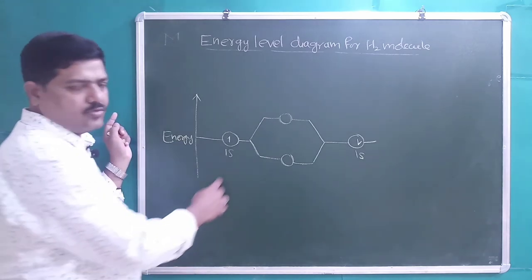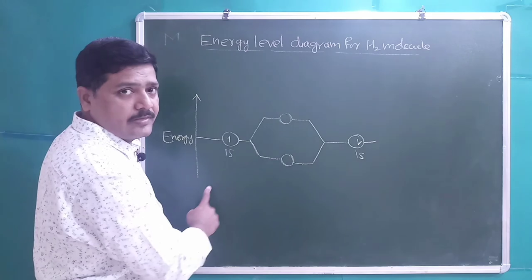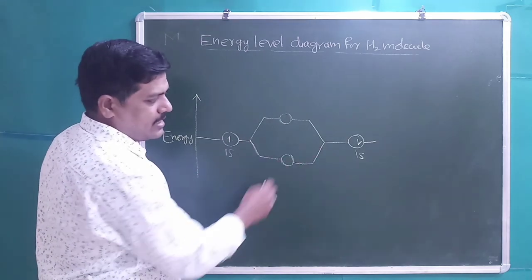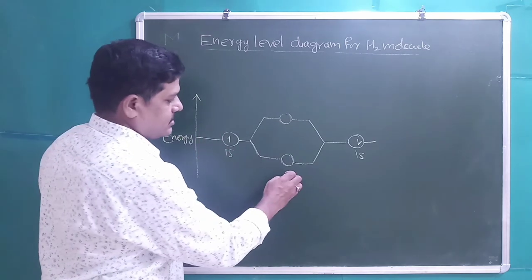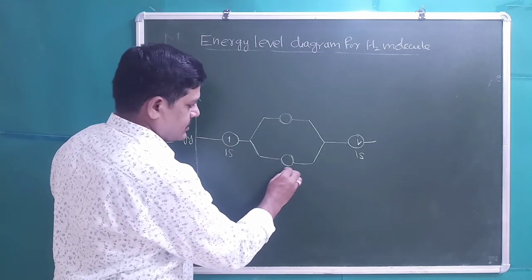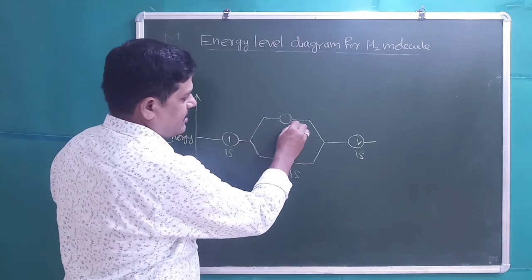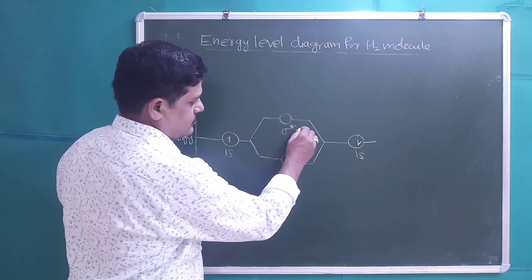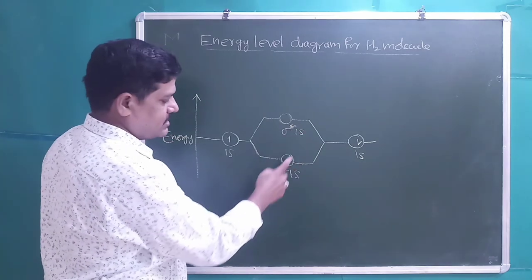So when 2 hydrogen atoms combine to form a hydrogen molecule, 2 atomic 1s orbitals will combine to form 2 molecular orbitals. One is the bonding molecular orbital, the other is the anti-bonding molecular orbital, indicated with a star: sigma 1s, sigma star 1s.